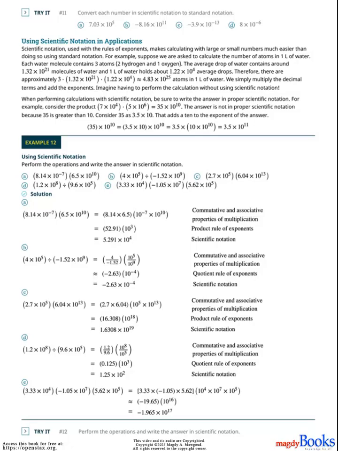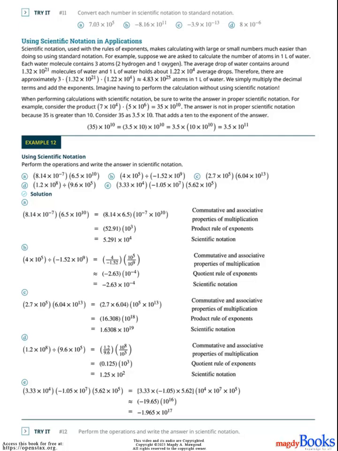Commutative and associative properties of multiplication = (0.125)(10^3). Quotient rule of exponents = 1.25 × 10^2.